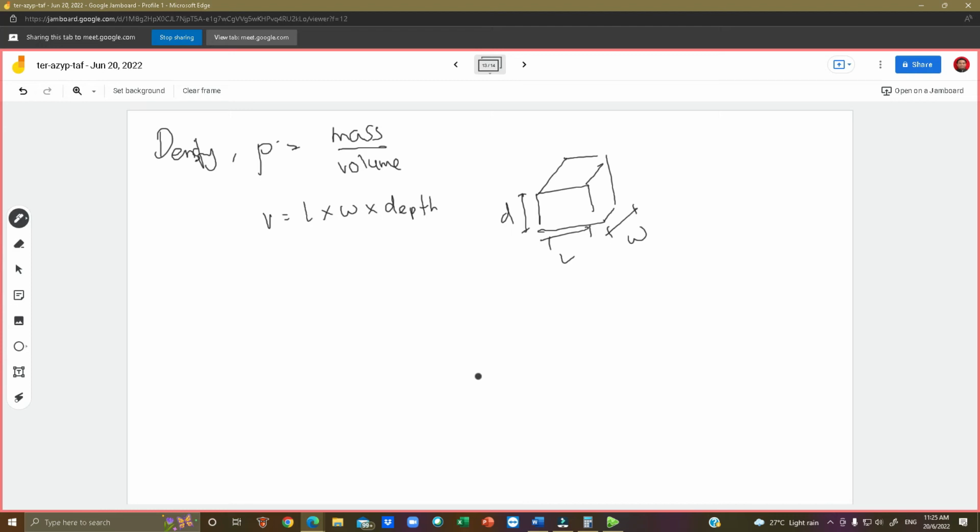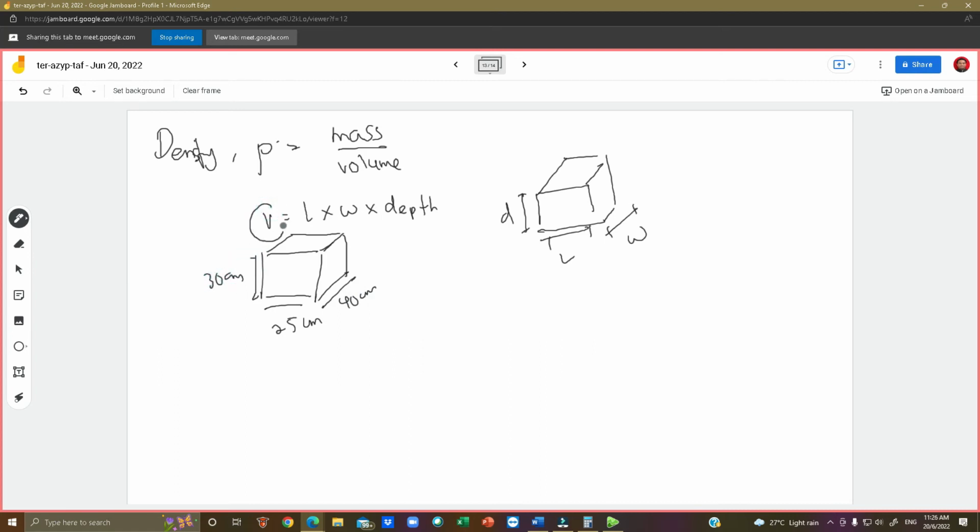Alright, so let's take a look at an example. Okay, kita ada 3 kotak. What is the volume of a milk crate with sides of 25, 40 and 30? Means that kotak consists of 25 centimeter, 40 centimeter and 30 centimeter.